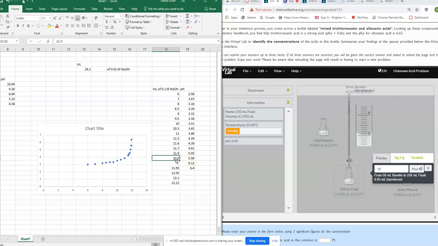I think this one here was 11.9 and this one's 11.85. All right, so then this one here should be 12, 6.57.